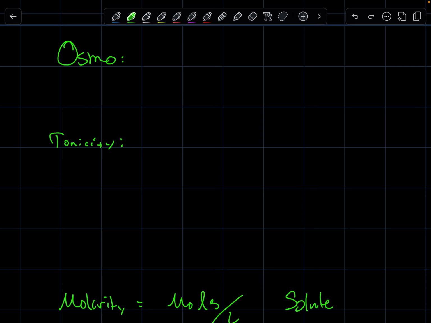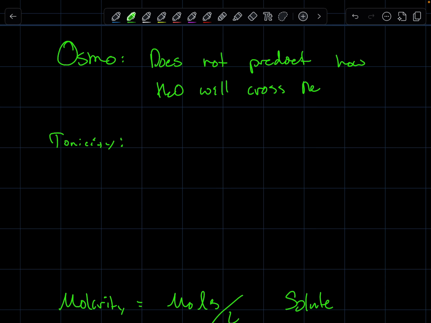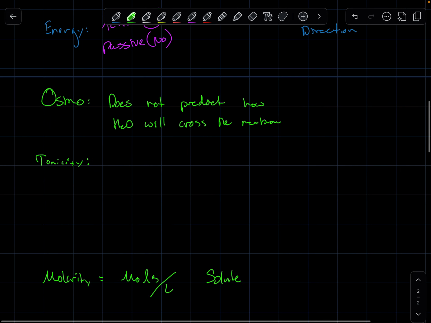So the main difference between osmolarity and tonicity is that osmolarity does not predict how water, H2O, will cross the membrane. Osmolarity is just a comparison.